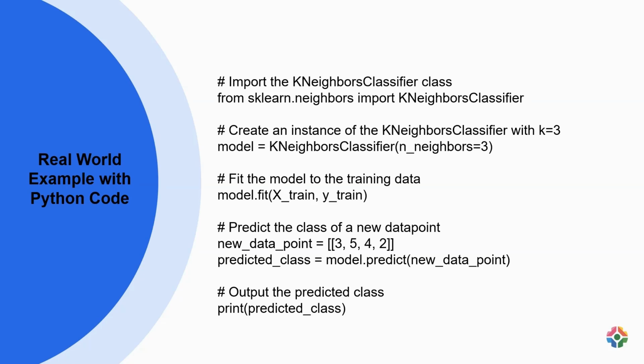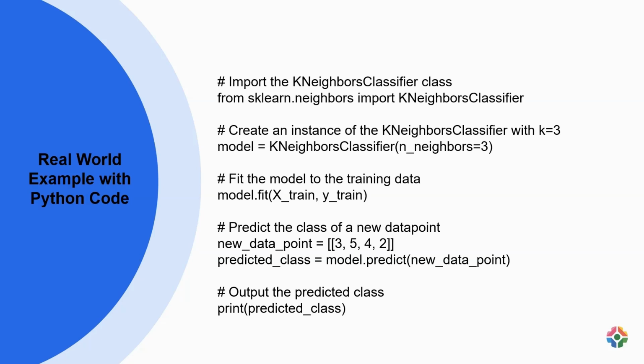Next, train the model by fitting it to the training data using the fit method, where X_train is the feature data and y_train is the target labels. To make predictions, provide a new data point in the same format as the training data. For example, new data point equals [3, 5, 4, 2]. Employ the predict method on the fitted model to predict the class of the new data point. Finally, print or display the predicted class.